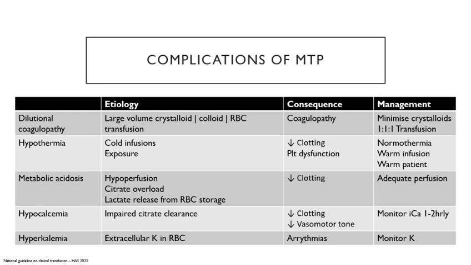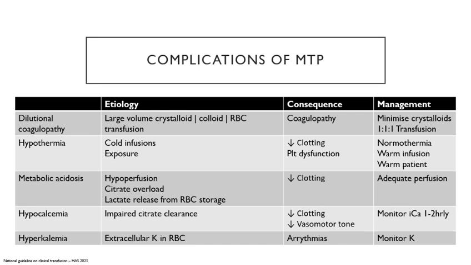Thirdly, metabolic acidosis is commonly seen. This may be due to hypoperfusion, citrate overload, lactate release from the RBC storage, and this can cause coagulopathy too. Thus, it's important to ensure adequate perfusion of the patient. Fourthly, hypocalcemia can be caused by impaired citrate clearance, high citrate load from transfusions.